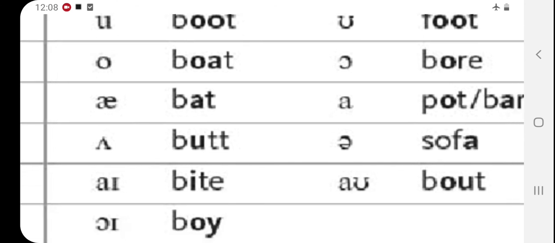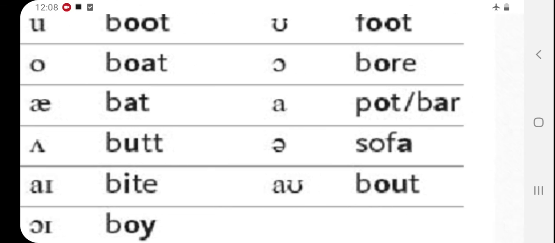Then the A sound in bat is also called the sheep sound, as when the sheep takes its voice out, what it calls, like a sound like goat and sheep. So this bat, because it's related to sheep, it is also called a sheep sound.